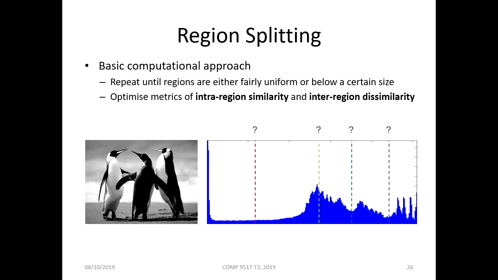You can come up with as many thresholds as you want and separate the whole histogram of pixels into multiple sets of pixels corresponding to multiple objects.